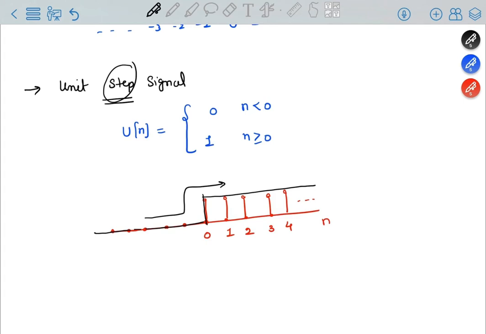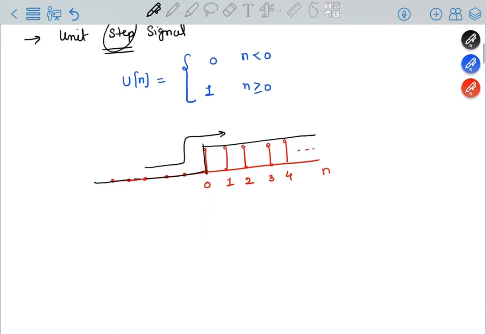Now next we'll discuss the relation between these two signals. Suppose we have the impulse signal, how do we get the unit step signal, and if we have the unit step signal, how do we get the unit impulse signal? We'll first discuss the relation of del n.